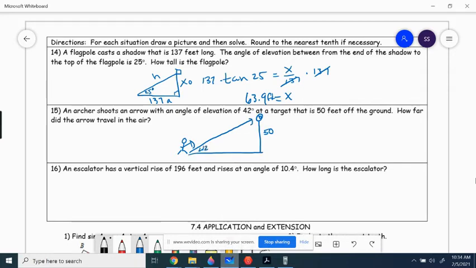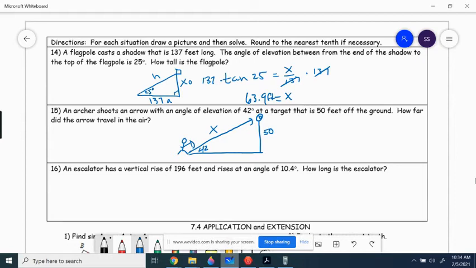And okay, so what do we need to figure out? We need to figure out how far the arrow traveled. So the arrow would not be this length. The arrow would be our hypotenuse. So it looks like that's going to be the side we need to figure out. So I'm going to let you guys handle this one, try to solve for x.